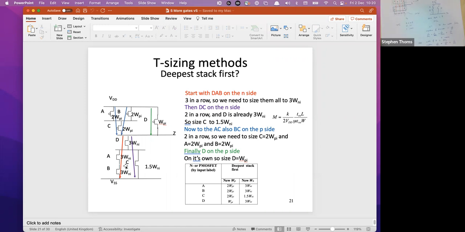I need to run out of paper, that's the problem. Let me expand that. Right, set up. So what we had was 1 over 3WNI plus 1 over WC equals 1 over WNI.